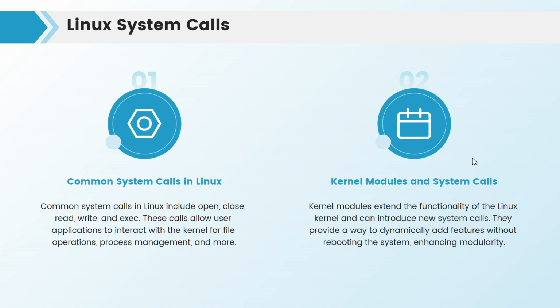Write, we can overwrite the file or we can write a new file, and execute a file. These calls allow user applications to interact with the kernel for file operations, process management, and more.